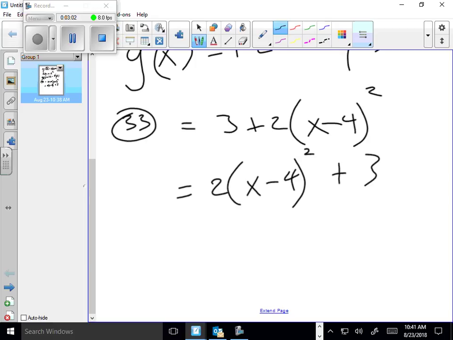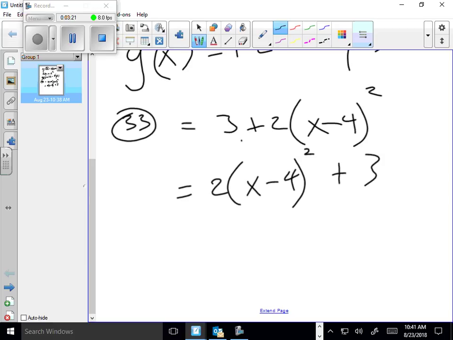Do you mind if I use the commutative property to switch those two things? Okay, so which of these are y transformations? The 2 and the 3, and that's an x transformation, okay.